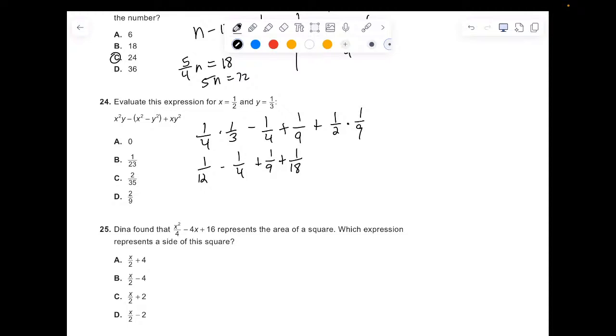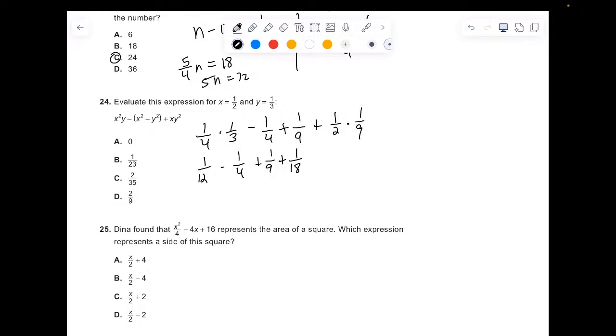I don't even remember. That's fine. Let's multiply. What are the least common? Worst case scenario, we can just multiply by all of them. I have a calculator, so I'm not that worried about it.